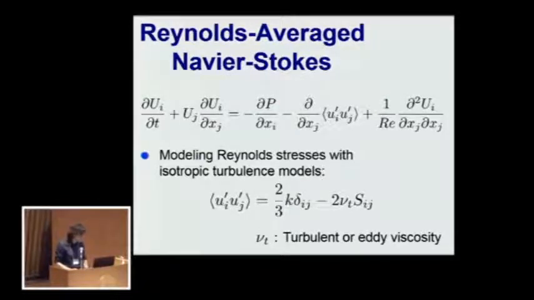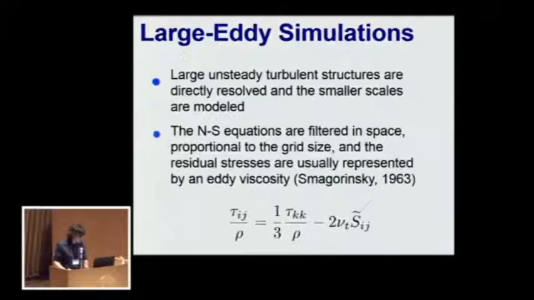So the higher level of complexity, and here we are dealing with a high computational cost, is to go to the so-called large eddy simulations, in which we filter in space the Navier-Stokes equations and try to resolve most of the turbulent cascade.